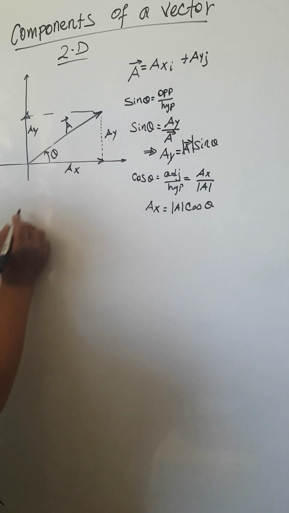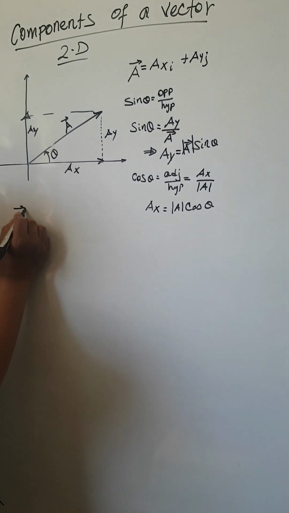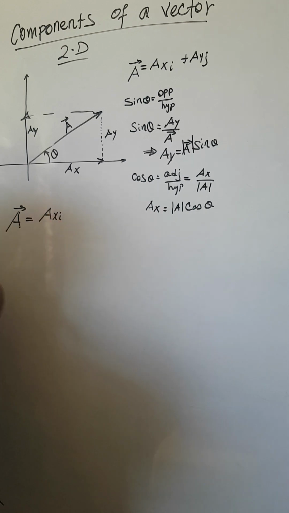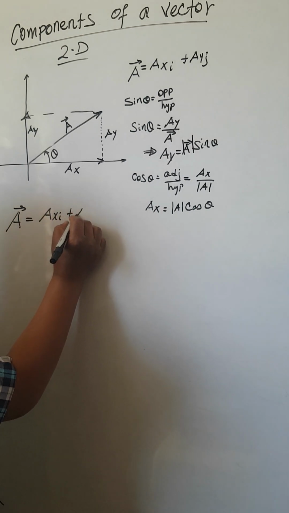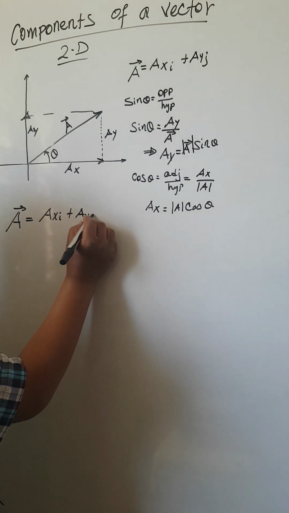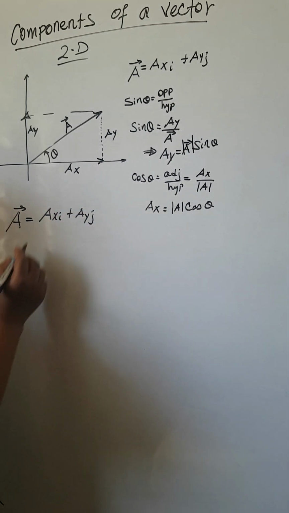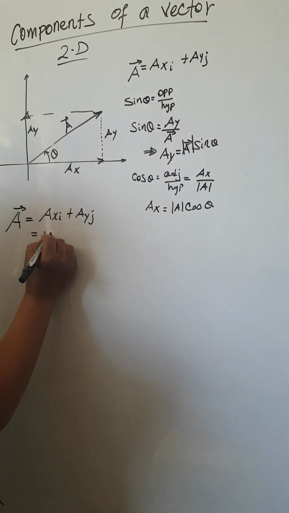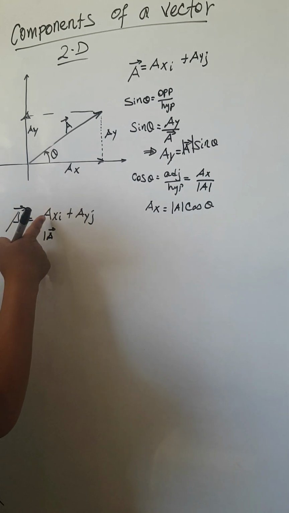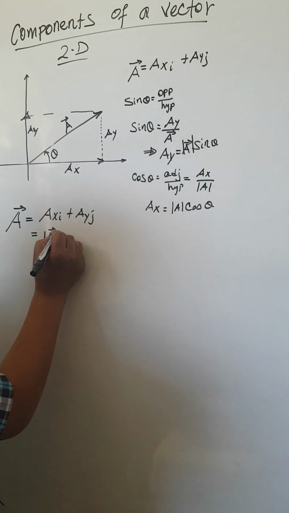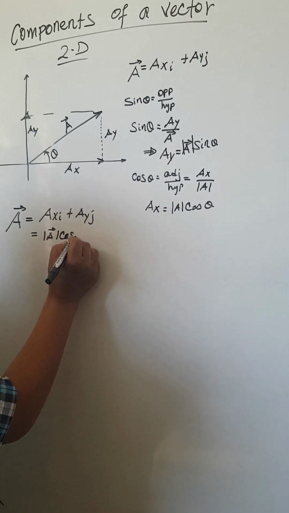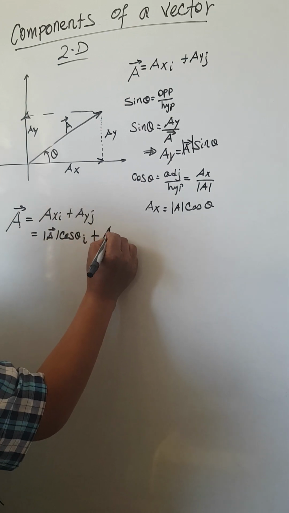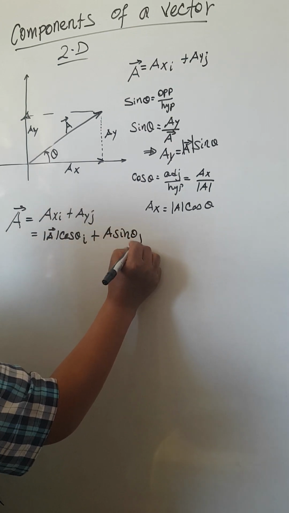Now vector A can be expressed as Ax along i plus Ay along j, which is A cos theta along i plus A sine theta along j.